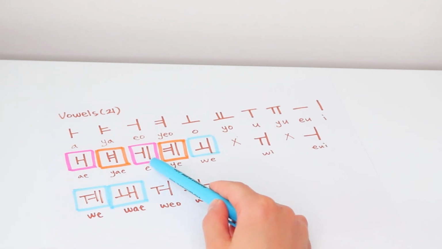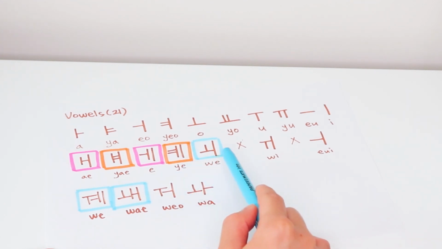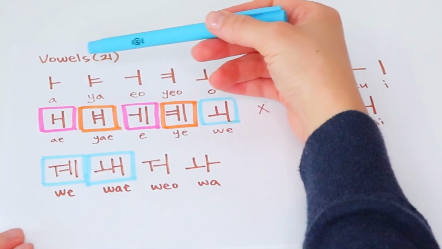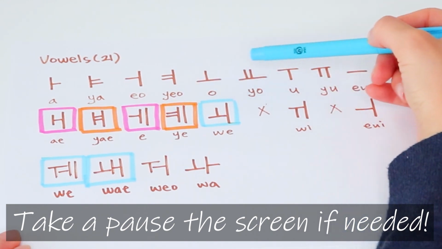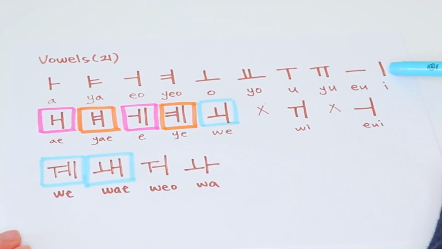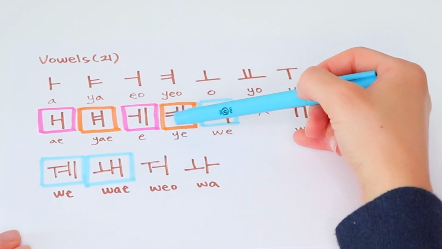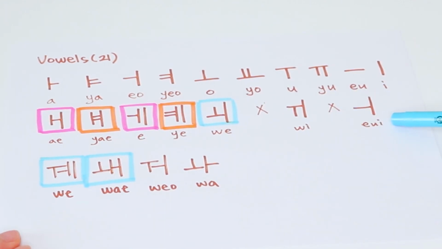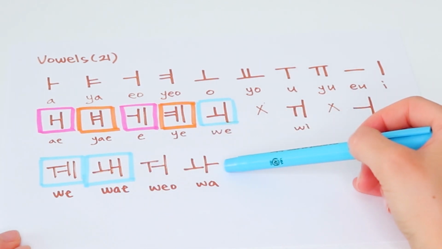에. Basically the same sound. 에, 예, 왜, all the same sounds. 아, 야, 어, 여, 오, 요, 우, 유, 으, 이. 에, 예, 왜, 위, 의. 왜, 워, 와.